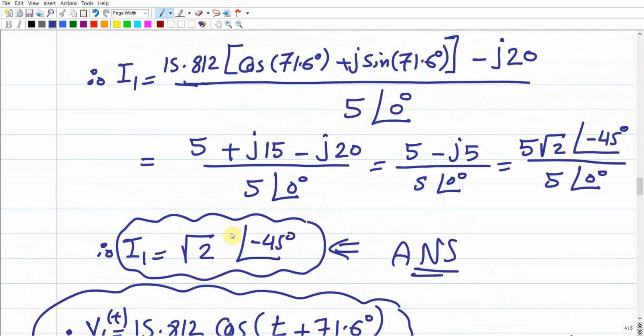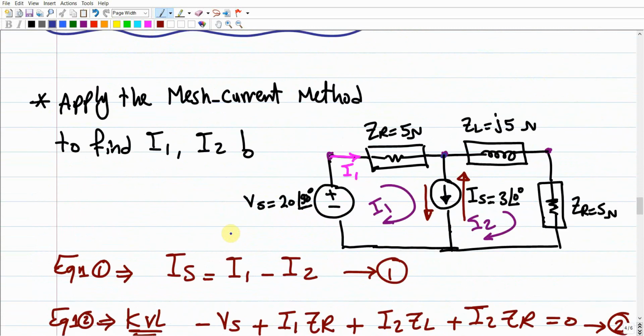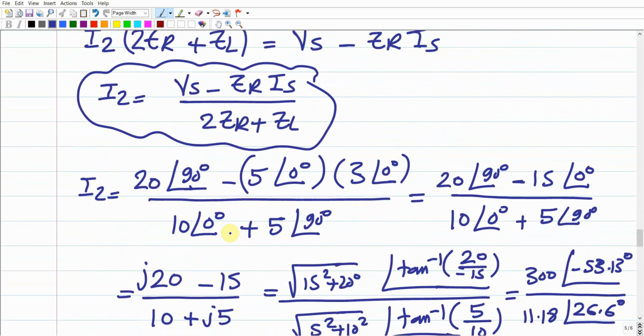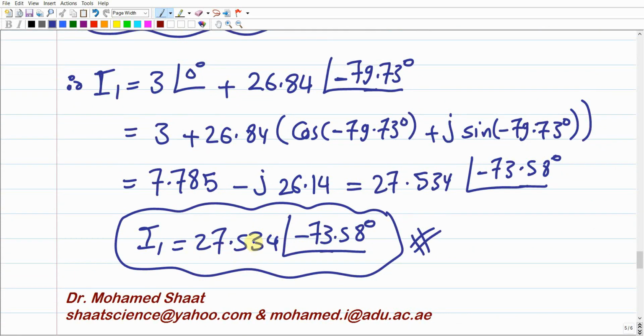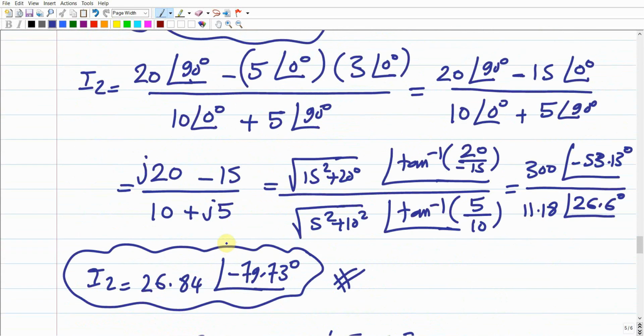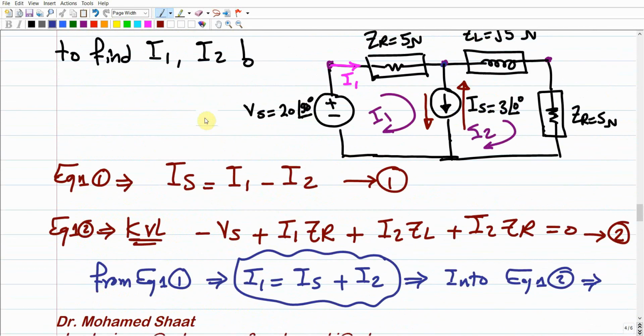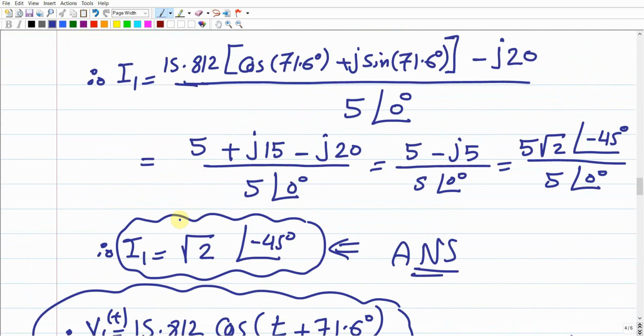It seemed that I made a mistake or miscalculation when I applied the mesh current method, because I should end up with this I1 in the same form, the same value as the current I1 I got here using the node voltage analysis method.